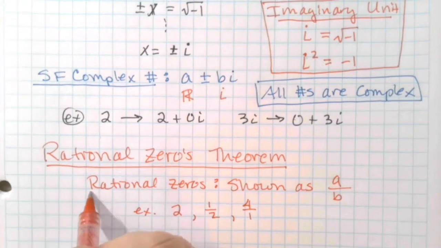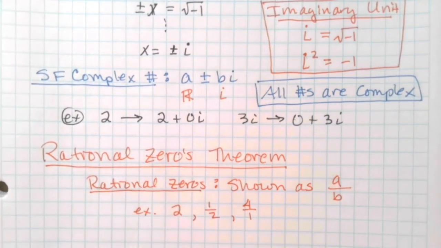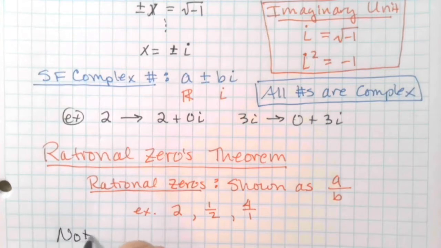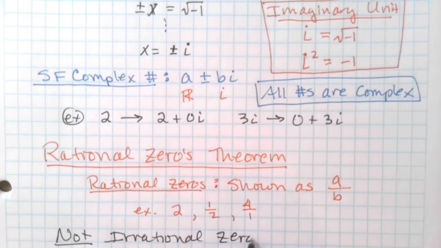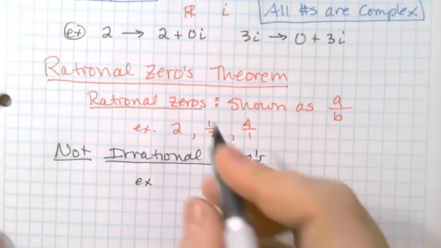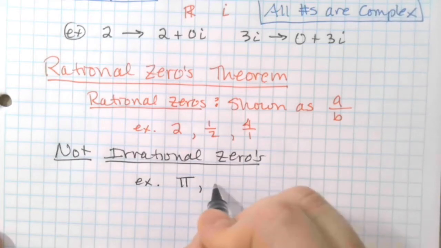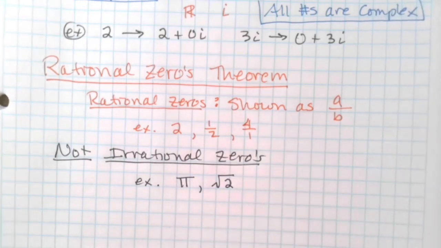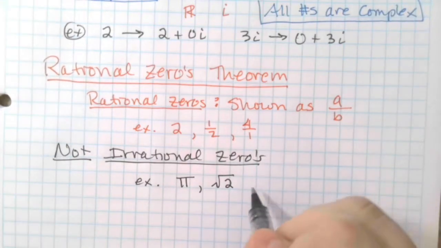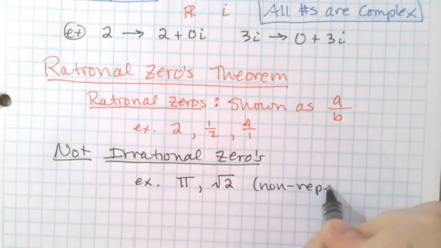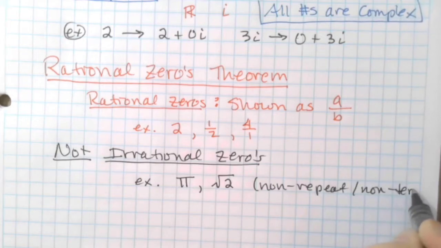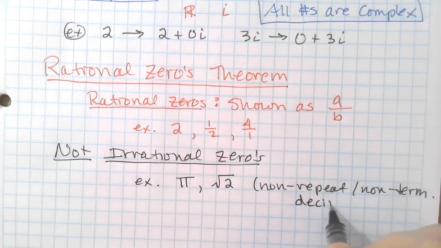Those are all examples of rational zeros. It does not provide irrational zeros, which would be numbers like pi or anything with a radical in it, because that's a non-repeating, non-terminating decimal. Anything that is a non-repeating, non-terminating decimal is irrational.